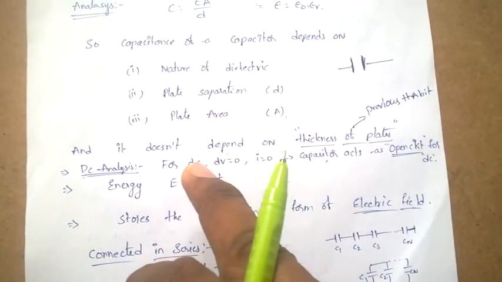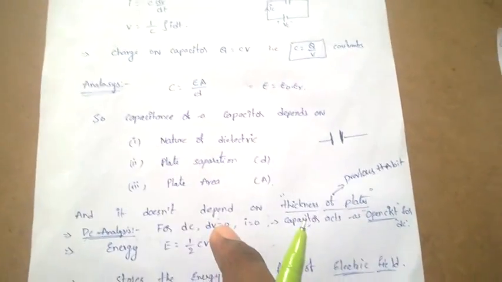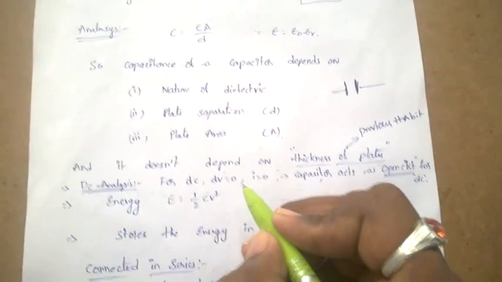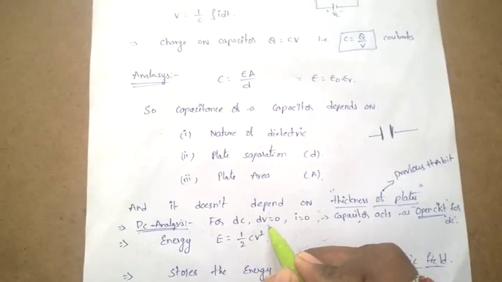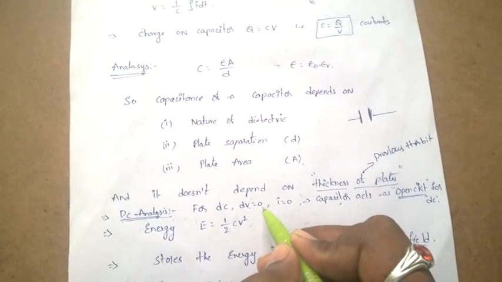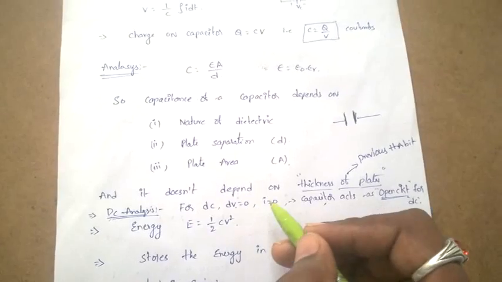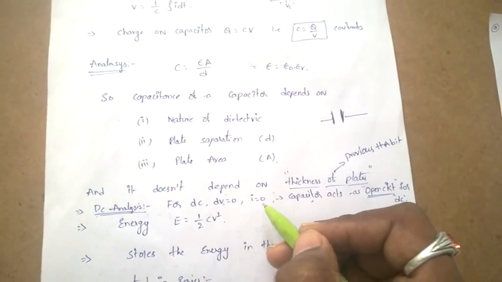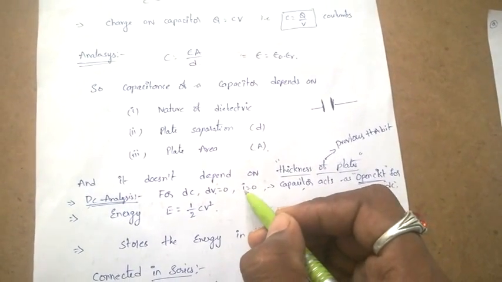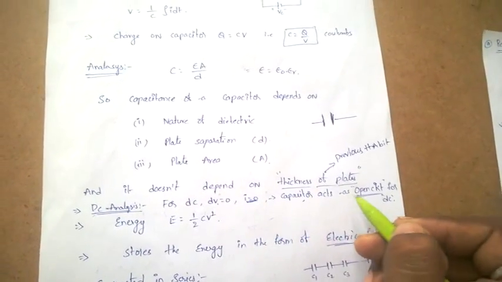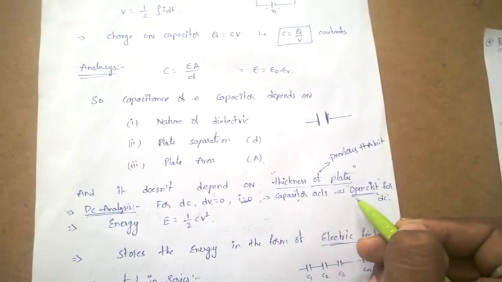DC analysis. As said earlier, the capacitor does not allow the change in voltage. In case of DC, the change in voltage is 0 because the voltage is constant. So for dv = 0, the current is also 0. As I said earlier, if current equals 0, then the circuit is called an open circuit.